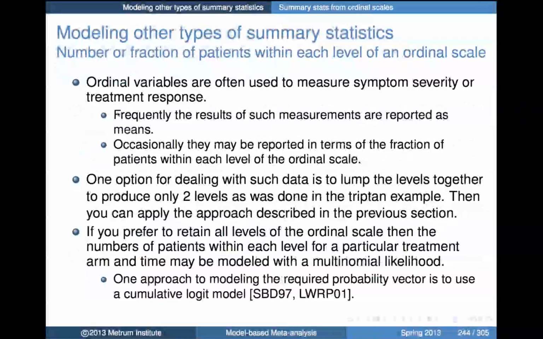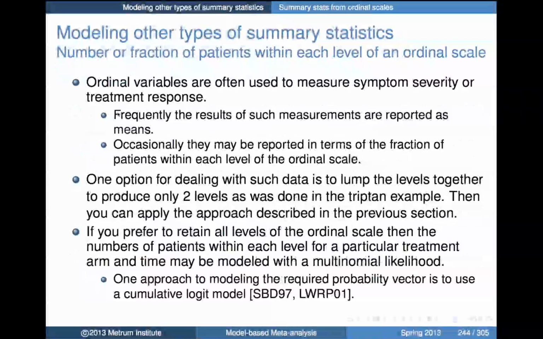Now, an extension to that binary case is what about when we're dealing with data that was originally measured on an ordinal scale, an ordered categorical scale. What do we do then? In particular, I'm thinking of cases where the results are reported as the number or fraction of patients whose results fall within each level of an ordinal scale.